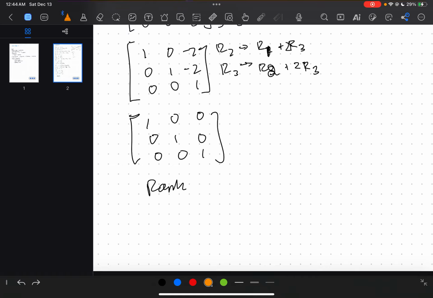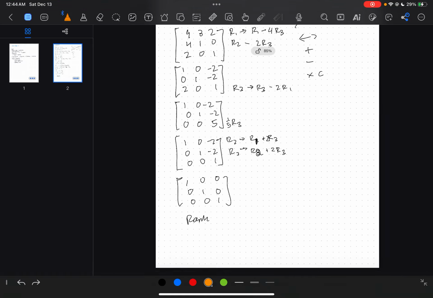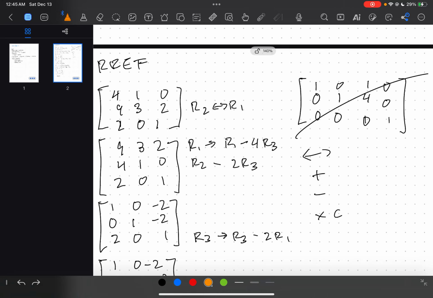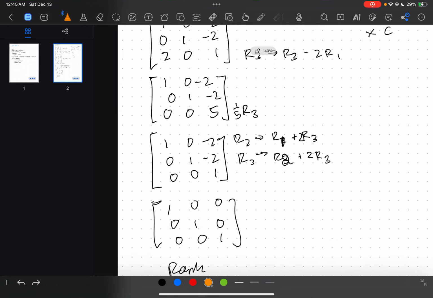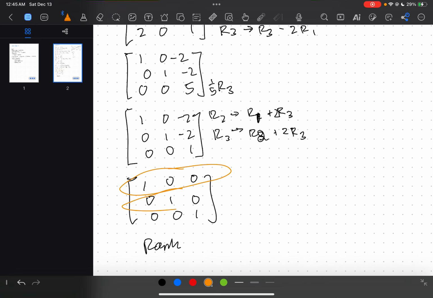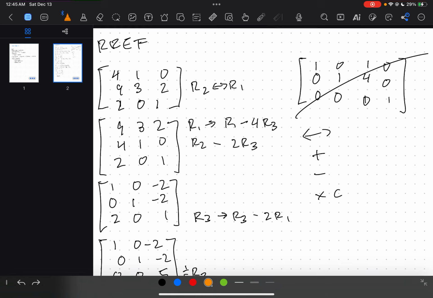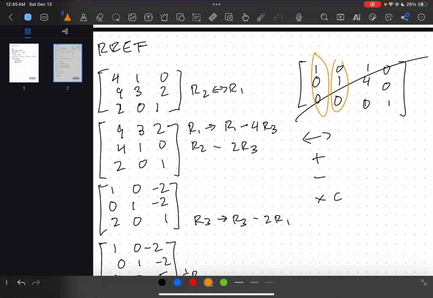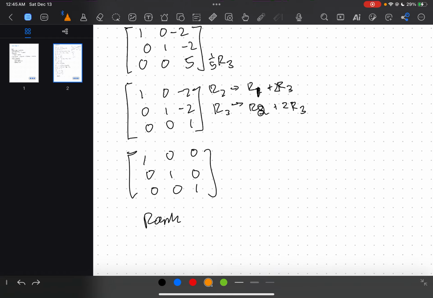So that's row rank, and column rank is the number of leading ones for row rank, and column rank is the number of pivots, and they're equal. That's for the system rank theorem.